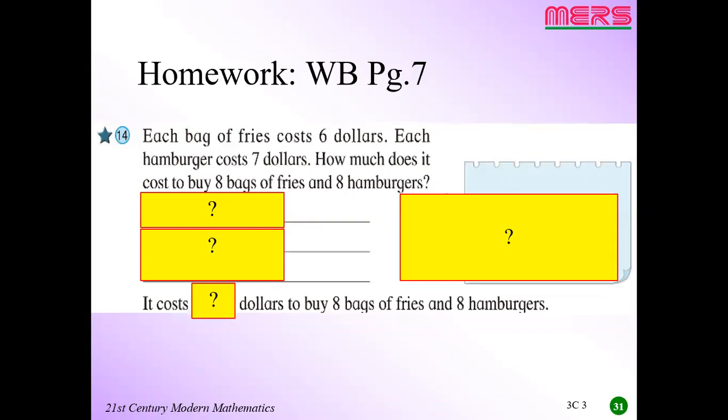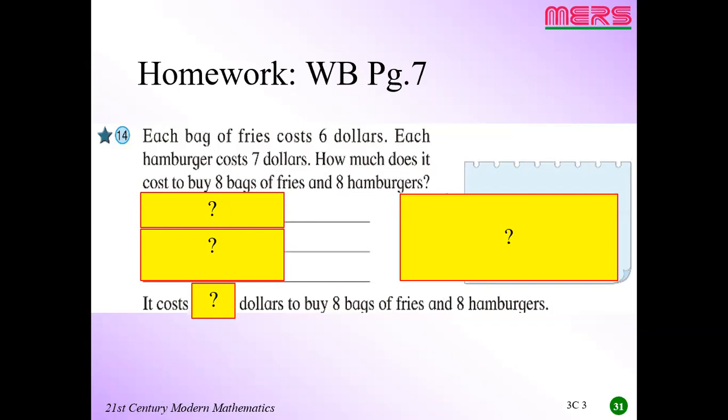Okay, let's prepare your workbook. This part, we will give some instructions on your workbook, page 7, number 14. So, read the questions here. You will be given some time to finish the number sentence.